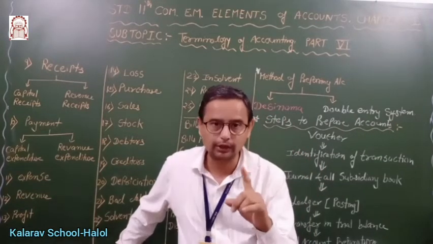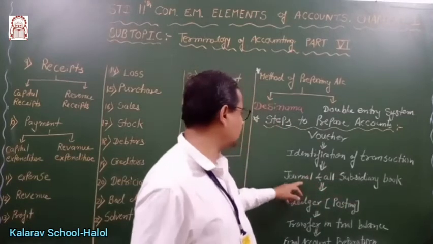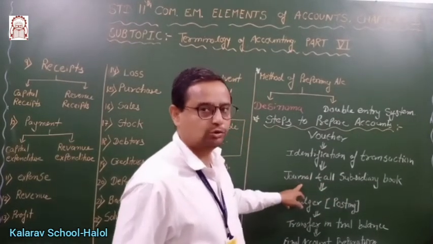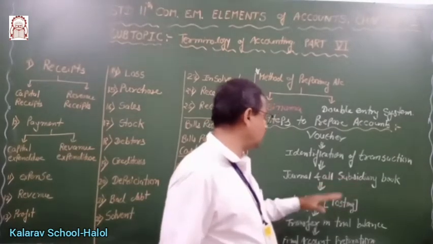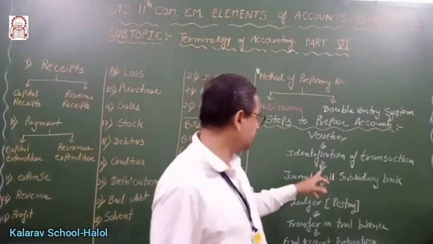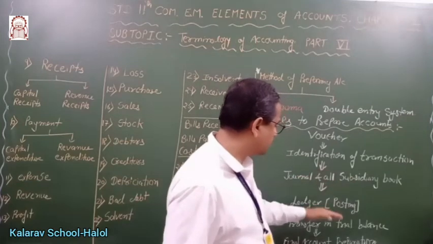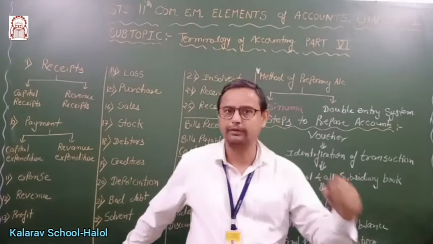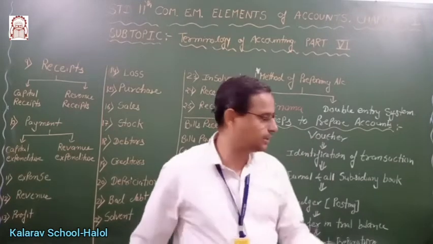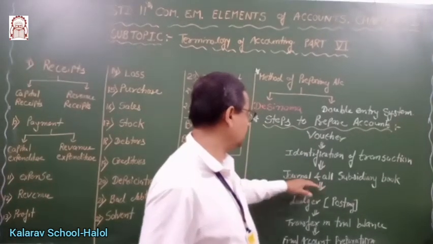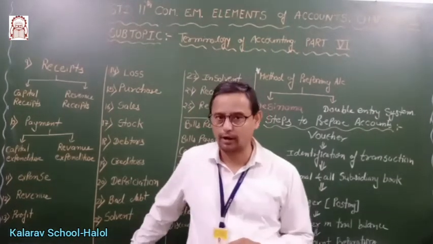Now keep one thing in your mind: if your journal is correct, if there is no error in making the journal, then only your ledger will be correct. If there is a mistake, then in all the further steps everything will be a mistake. So to avoid that, you must be master in journal, and this is the most important part of accounting.